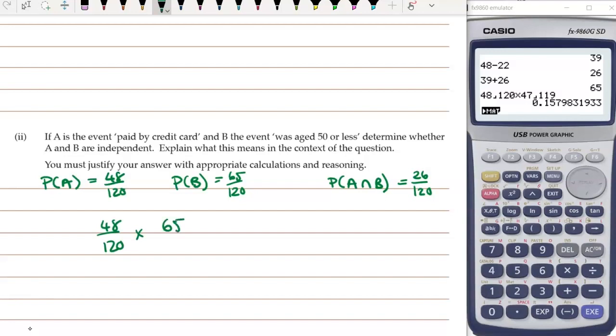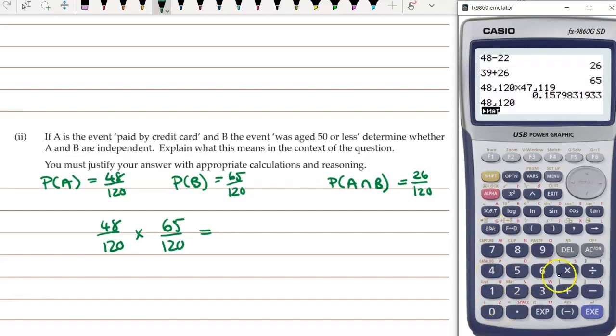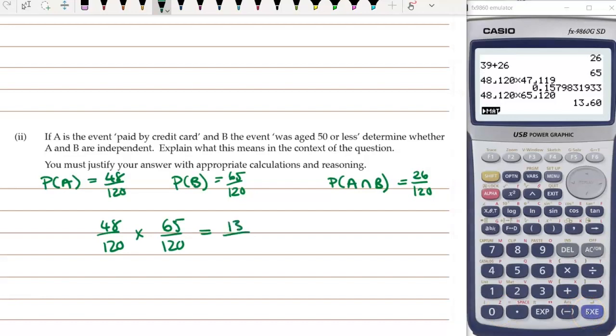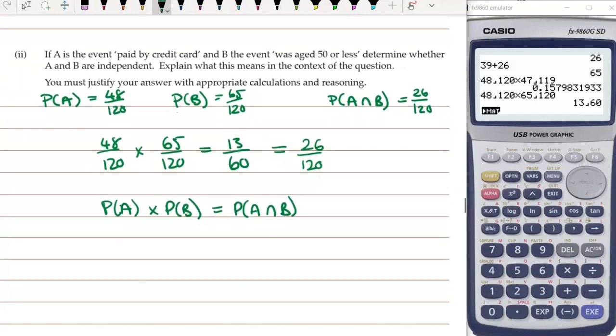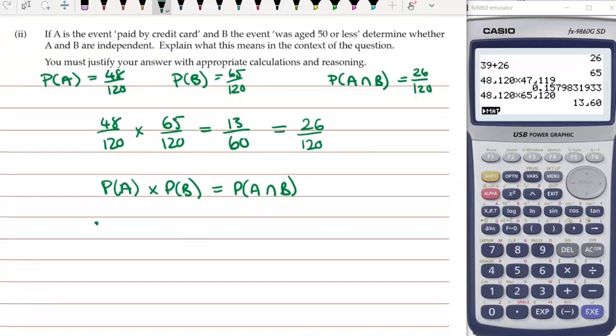So let's test this out, times them together. That's equal to 13 over 60, which is the same as 26 over 120. So therefore, the probability of A times the probability of B is equal to the probability of A and B. And if that's true, it means they're independent.